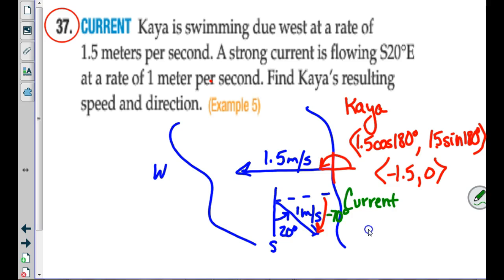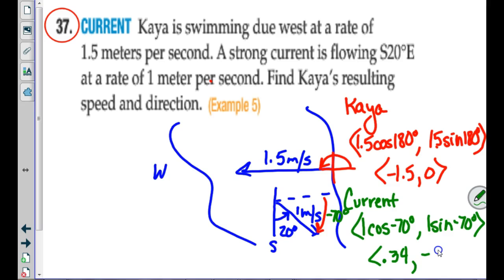And it was just 1 meter per second, so it's 1 cosine of negative 70 degrees and 1 sine of negative 70 degrees. Anybody give me those numbers real quick? Cosine of negative 70 is 0.34. Negative 0.94?